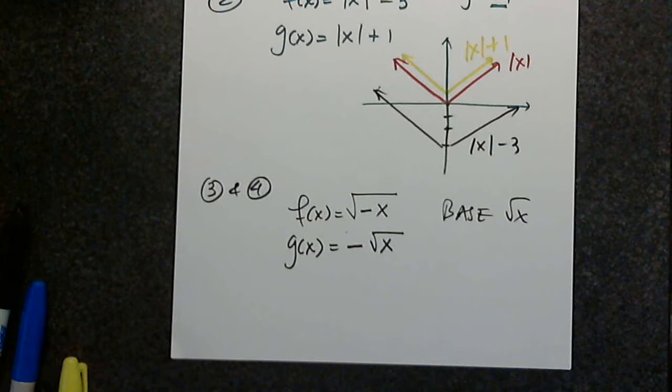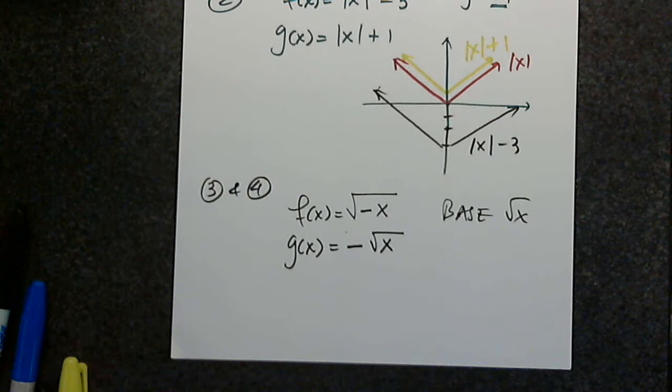Now, the next question is, I have to identify what I changed in each. So, let's analyze the first one, f. This is the square root of x, and this is the square root of negative x. What am I changing? I'm changing x. So here's what happens when I change x. When I change x from positive x to negative x, from positive 2 to negative 2, or from negative 5 to positive 5, what am I doing to the graph?